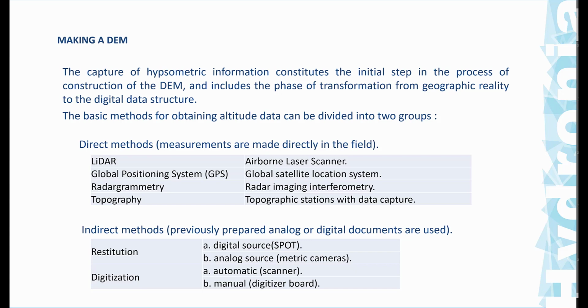But we can even do manual digitizing from paper maps, if you don't have any other data available. There are also public databases that are sometimes not very accurate, but they allow you to download DEMs online. Some of them are free. There are some that you can pay for, but they are sometimes a useful source of information for the DEMs.